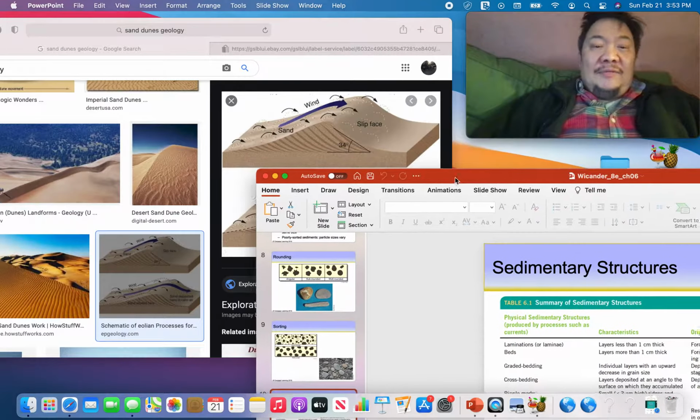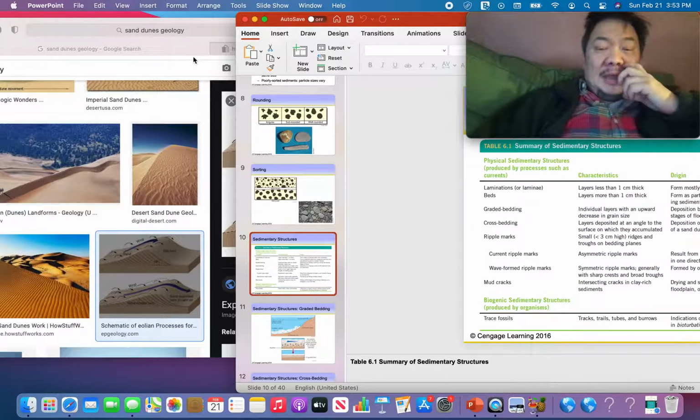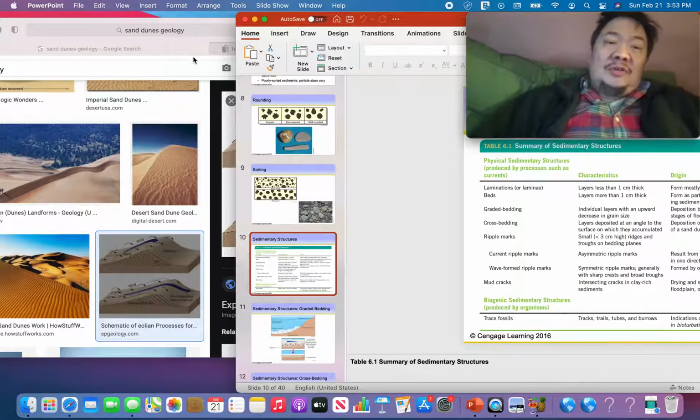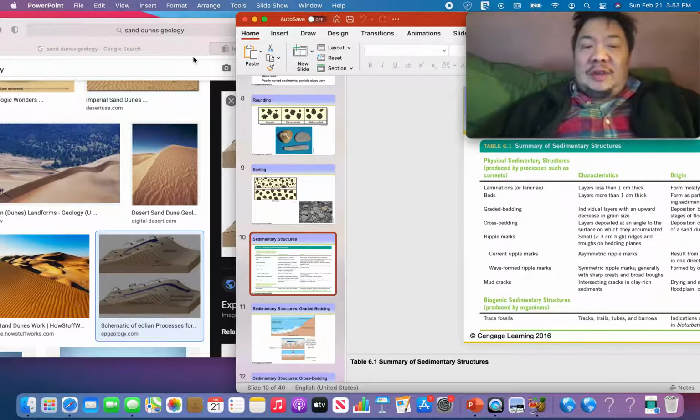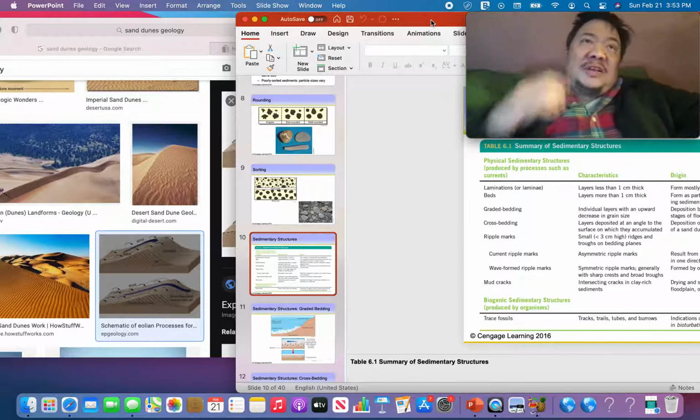So when you have high angle cross beds, you're dealing with either a beach or a desert as a depositional environment. How would you figure out whether it was a beach or a desert that formed those sand dunes, that formed those cross beds? Well, I'll give you an example.